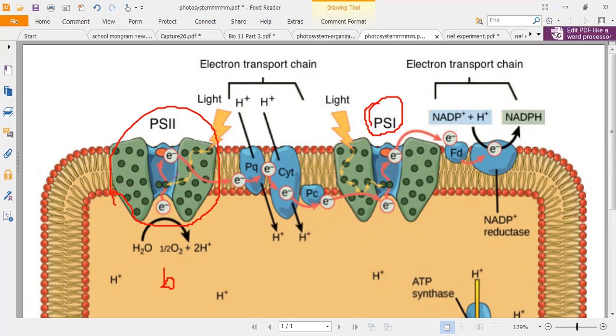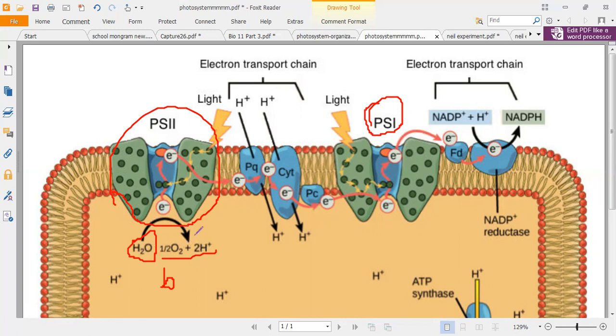Here there is a hole, meaning an empty space for accepting electrons. So water also splits into oxygen and hydrogen or proton, and it also leaves electrons.